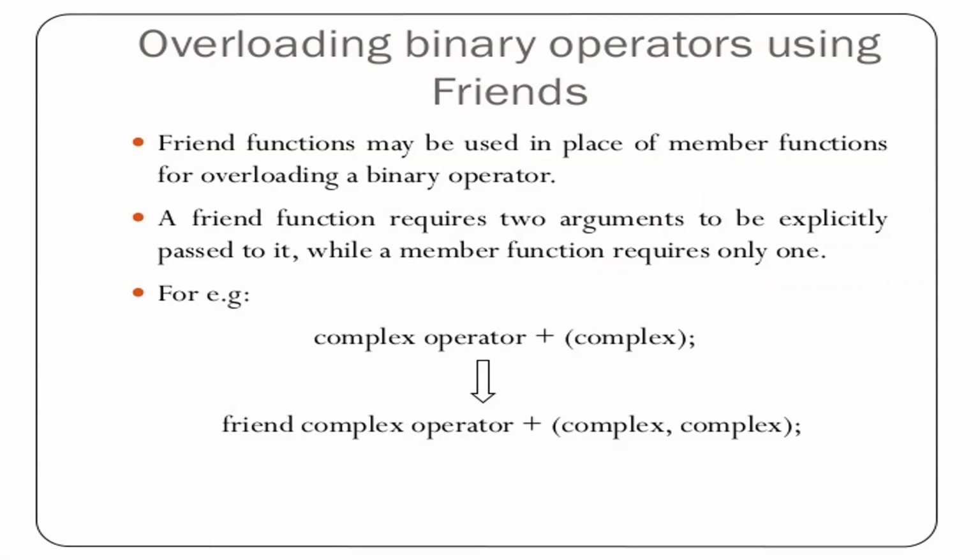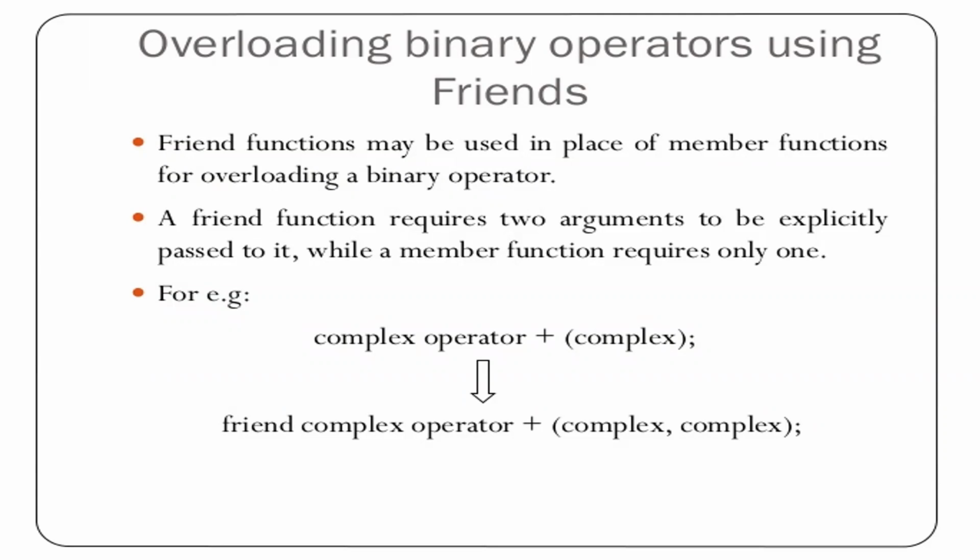Now children, another point to be seen is that in the first screen we had said that the operator function can be both a member function and a friend function. What we have to remember here is when a unary operator is overloaded by means of a member function, it takes no argument.